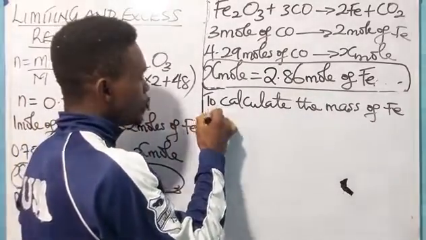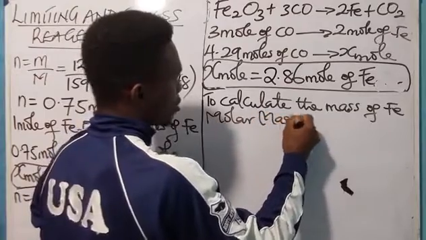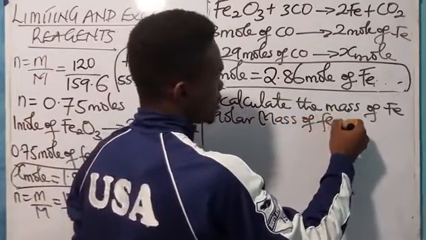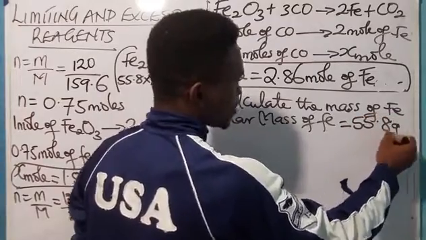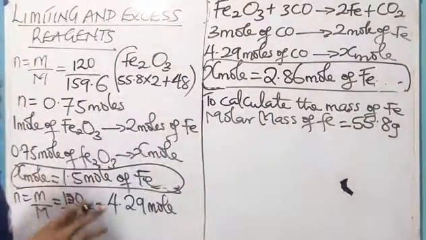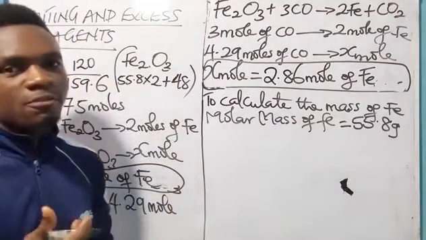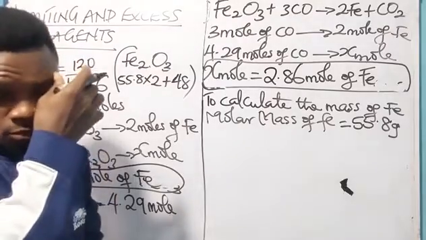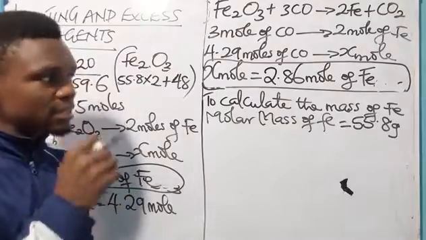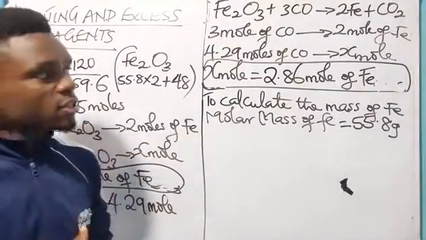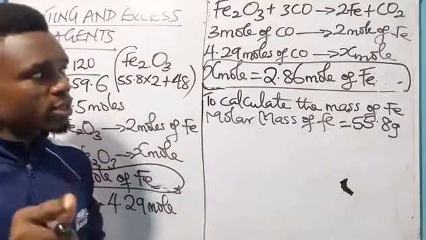The molar mass of Fe is simply 55.8 gram. Is that not correct? But to calculate the mass in terms of limiting and excess reagent, you don't leave the answer to be 55.8. What you need to do is this.